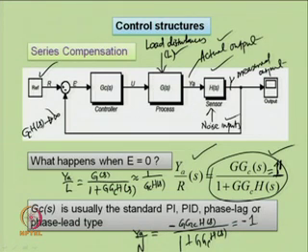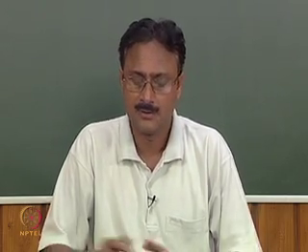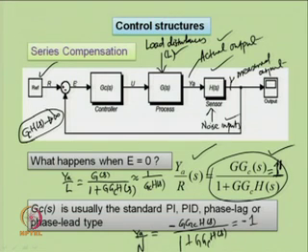So, we have got a perfect tracking system with the use of the controller G C S, with proper design of the controller G C S. When the controller gain is assumed to have a very high value, at that time y A upon R S becomes 1. That means y A becomes R, which is desired.